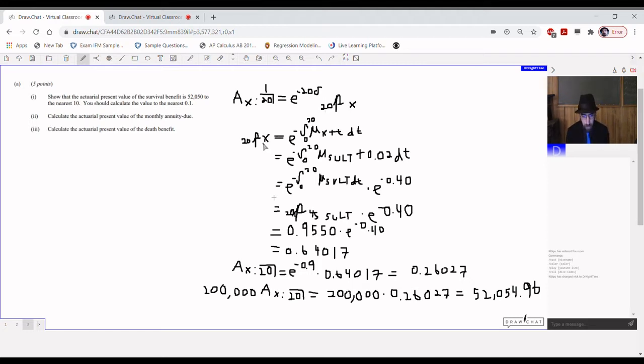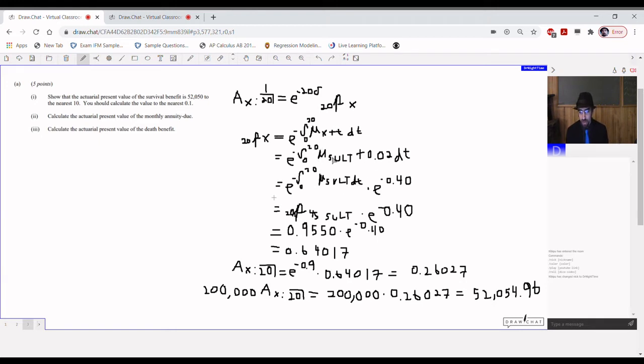Now 20p45 equals, this should be a familiar formula, e to the negative antiderivative of the hazard function. We know that the hazard function is equal to the force of mortality from the standard ultimate life table plus 0.02. We can break up that antiderivative into the sum of two antiderivatives.